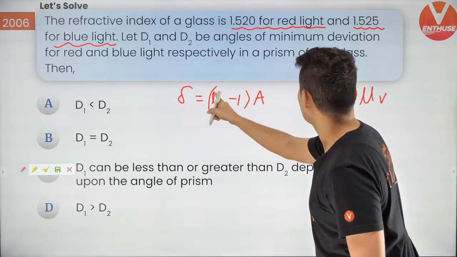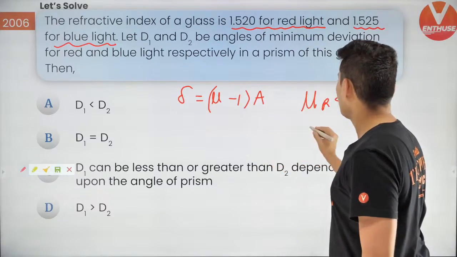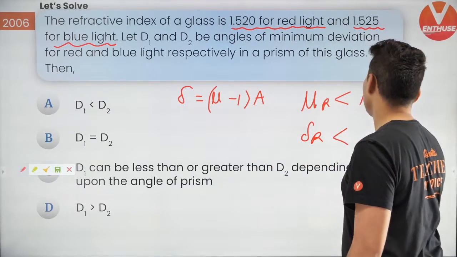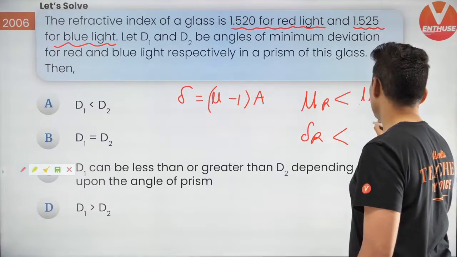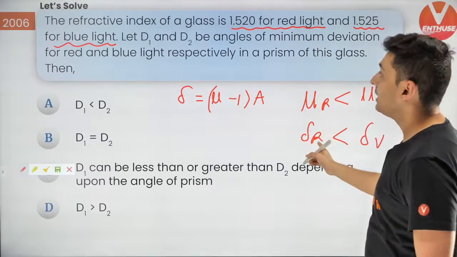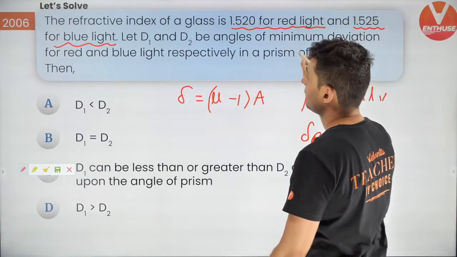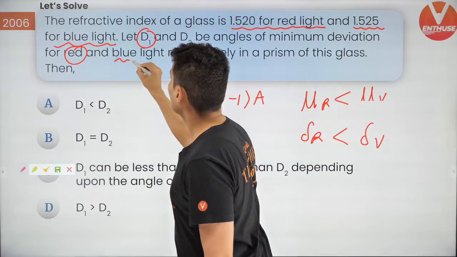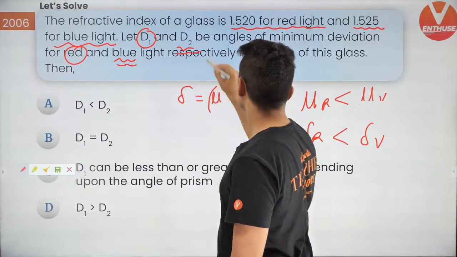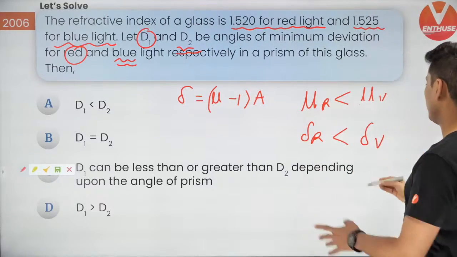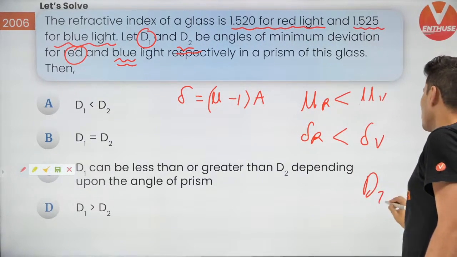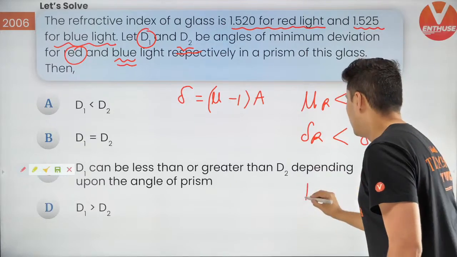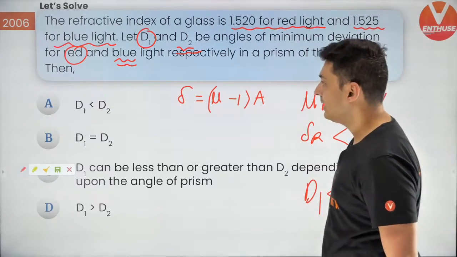If mu is less, delta will also be less. So delta for red is less than the delta for violet, and delta for red is D1. D1 is for red, and for blue it is D2. So hence D1 is less than D2.